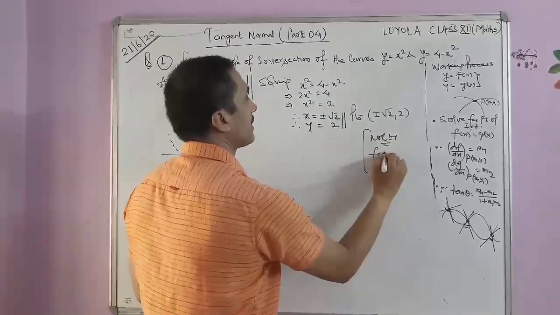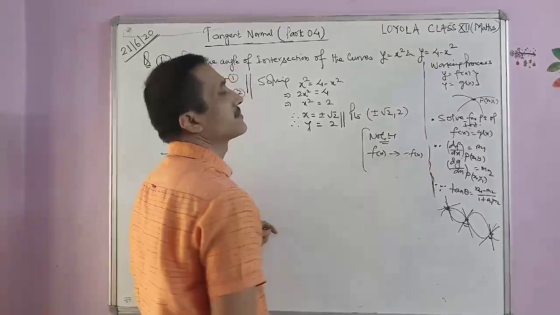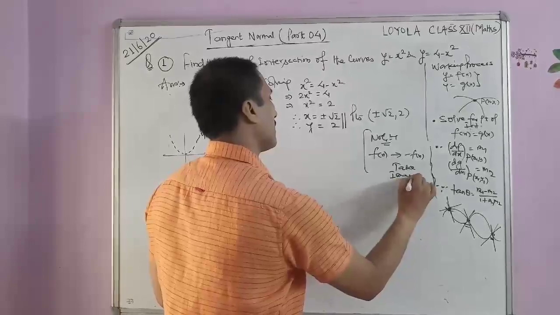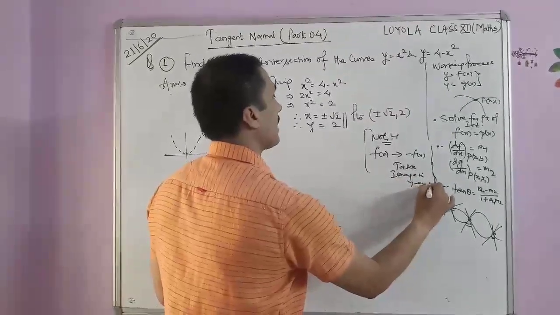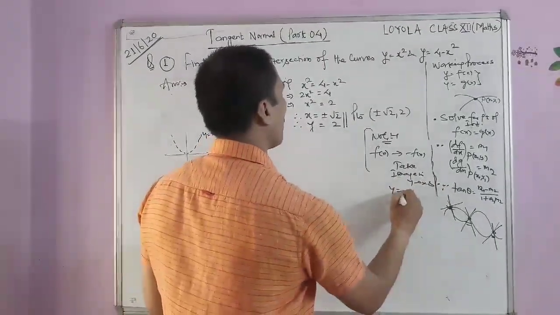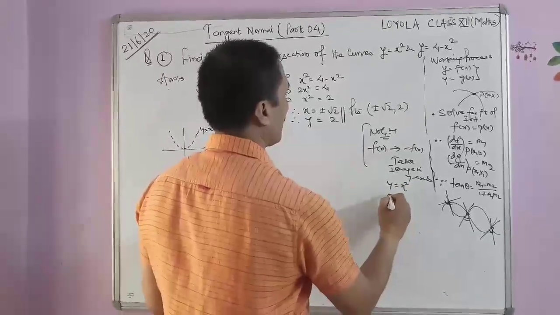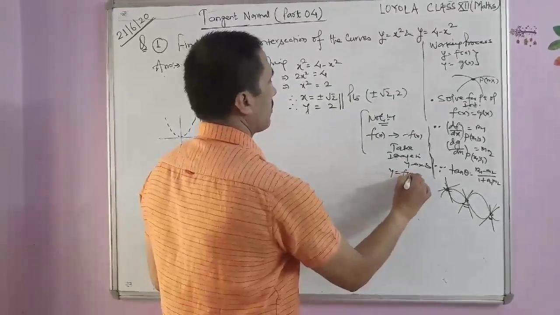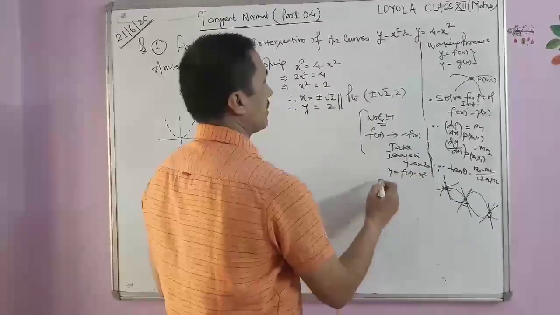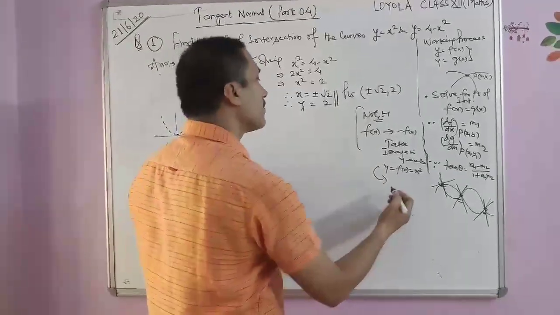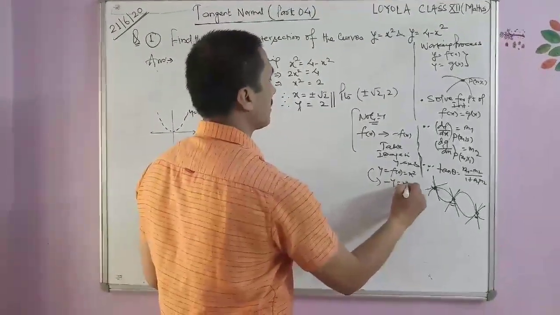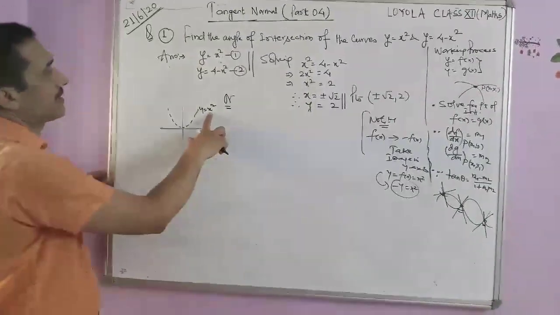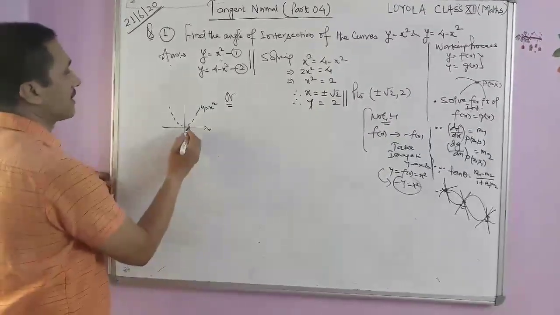Transformation of graph: f(x) to minus f(x), take the image in the x-axis. Here y equals f(x) equals x square. If we replace y by minus y, this is minus y equals x square, so y equals minus x square.